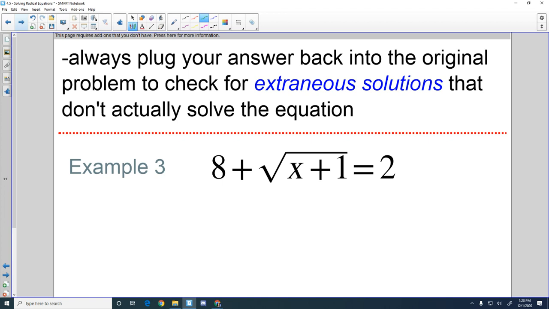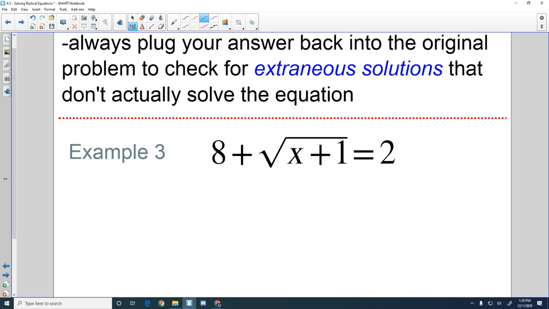And you get a number, x equals this. But when we plug it back in, it's not really going to work out. So that's what's known as an extraneous solution. It's a number that we get for the variable. But when I plug that back into the original problem, it does not make that equation true. You might think, wait, did I make a mistake somewhere? And well, no, you didn't. This is just what's known as an extraneous solution.